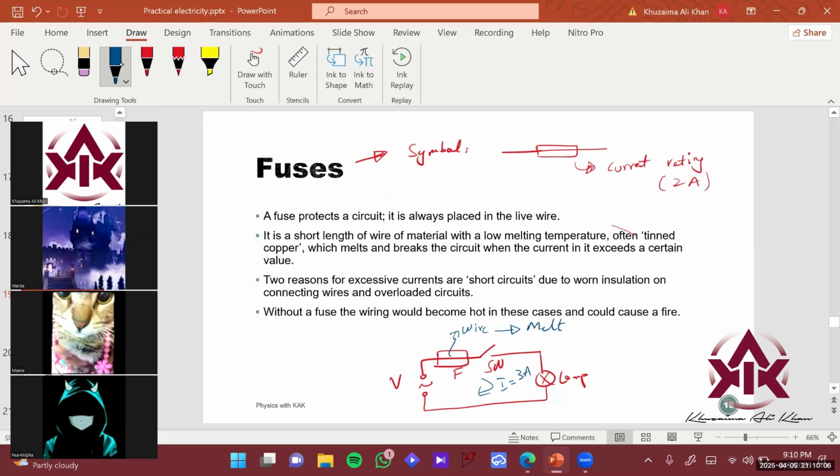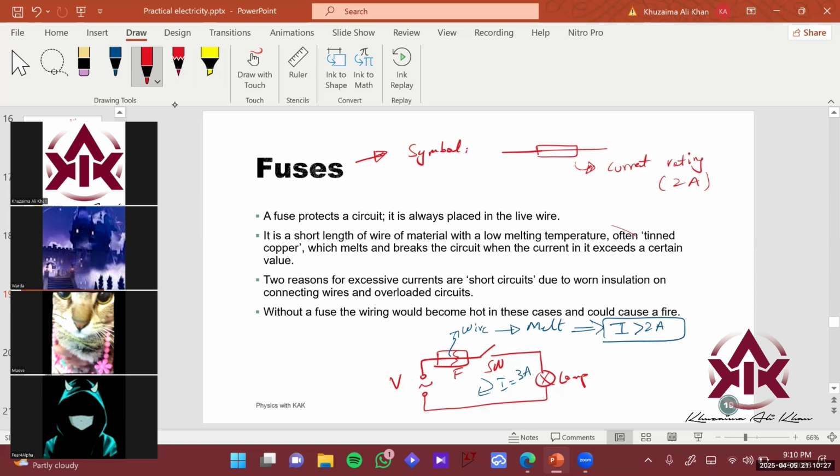If the current in the circuit becomes 3 amperes, the fuse wire melts, because the current is greater than 2 amperes. The wire breaks, and there is no path for the current to flow. It turns off the circuit and protects your appliances.